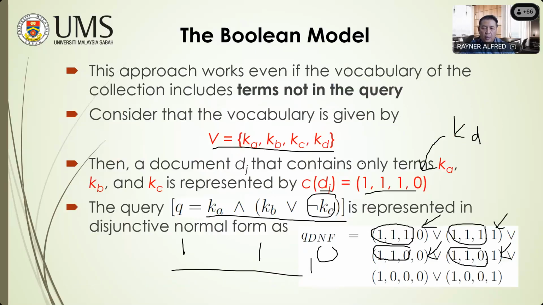When you have this document, your query must match the representation of the document that we have. Why? Because based on this, we can do matching. So we must have the same length of binary. For this one we have 100, but we don't care about the D here. Understand?